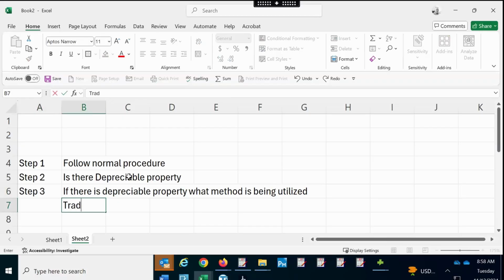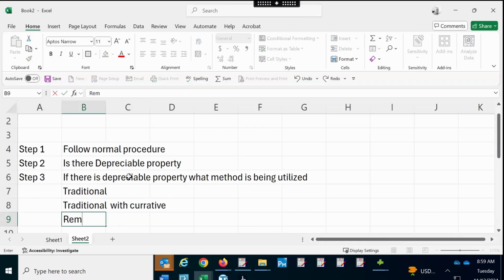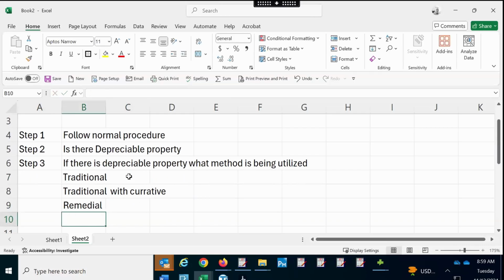And that is, what were they? Traditional? Traditional with curative and remedial. Okay. Does that mean anything to you at all, Kelsey? Not really. Okay. We'll come back to it.